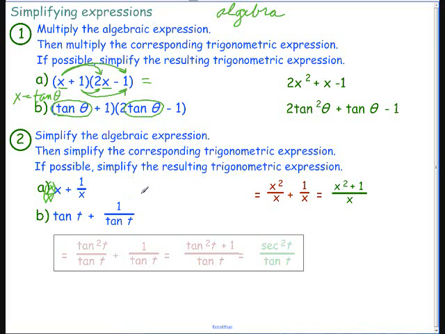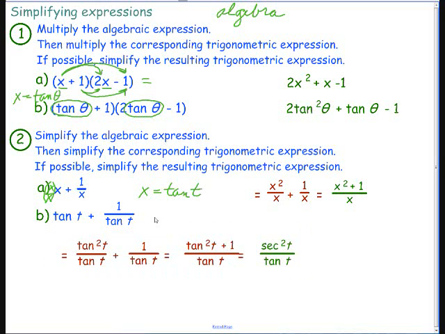So if I have allowed x to represent tangent t, it means that this expression here, x plus 1 over x, represents tangent plus 1 over tangent. And I could do the same operation. I end up with this result, tangent t squared plus 1 over tangent t.